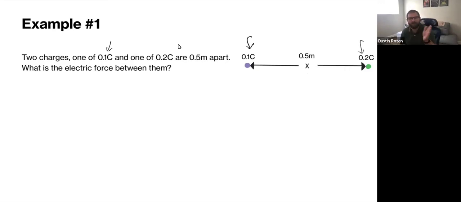And they are 0.5 meters apart. So what is the electric force between them? Now, we know that they're going to fly apart, right? Because they're both positive. So we know that there's going to be a positive force, a repelling force between them.